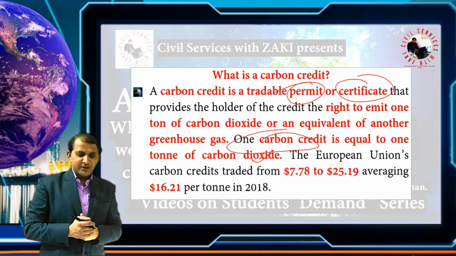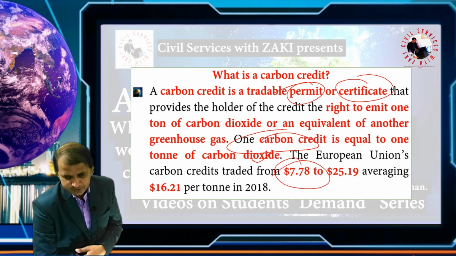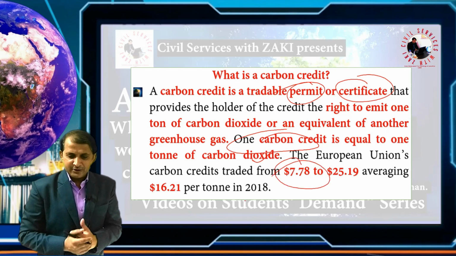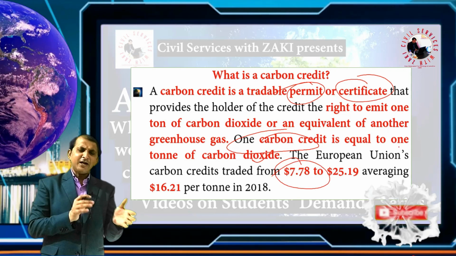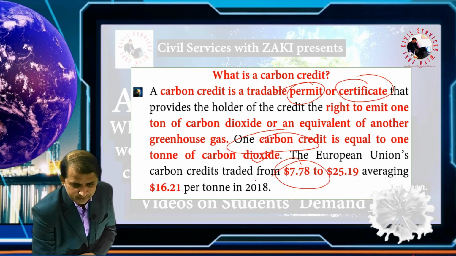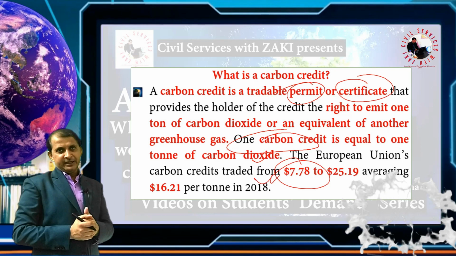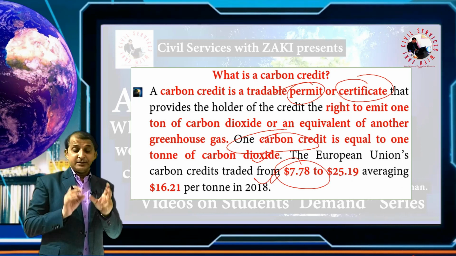The European Union carbon credit traded between about 7.78 and 25.19 dollars, and on average 16.21 dollars per ton in 2018. That is the data from 2018.